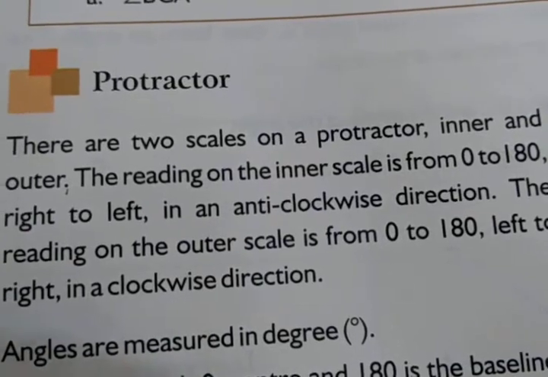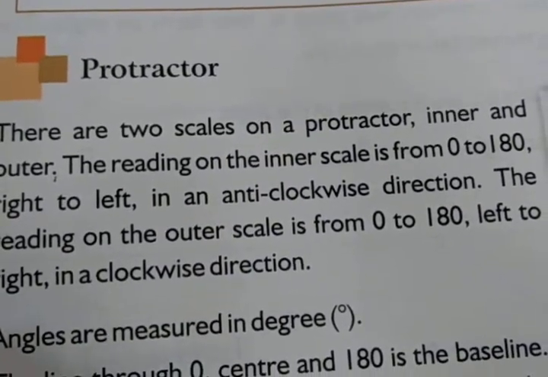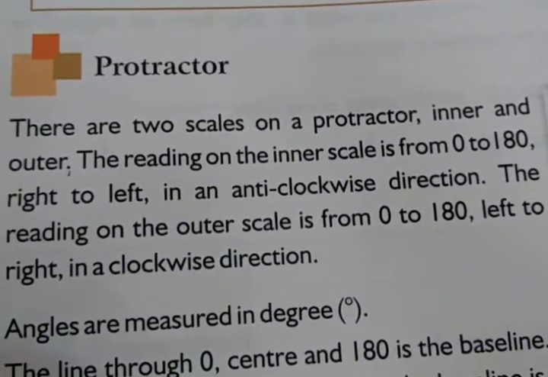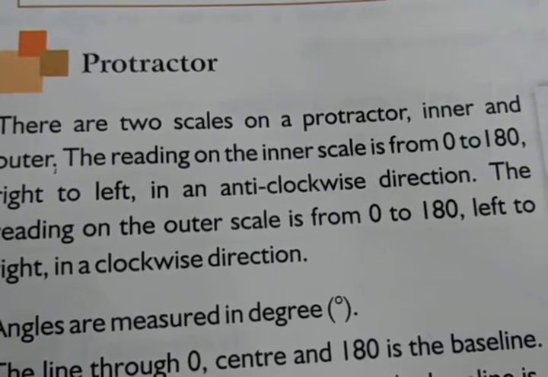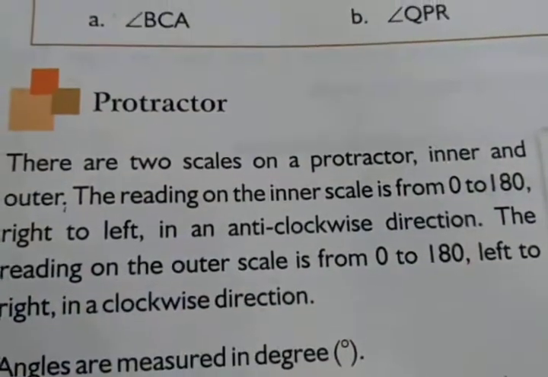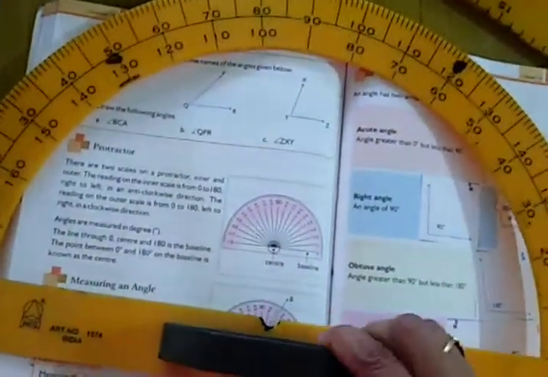Protractor. There are two scales on a protractor, inner and outer. The reading on the inner scale is from 0 to 180. So, this is the model of protractor.